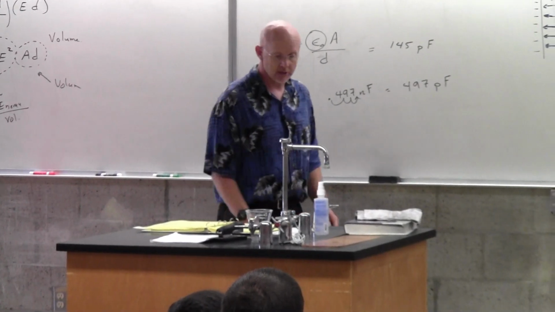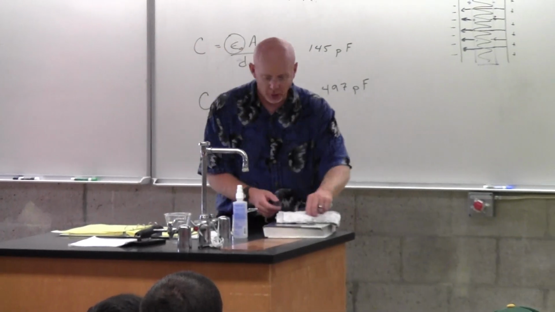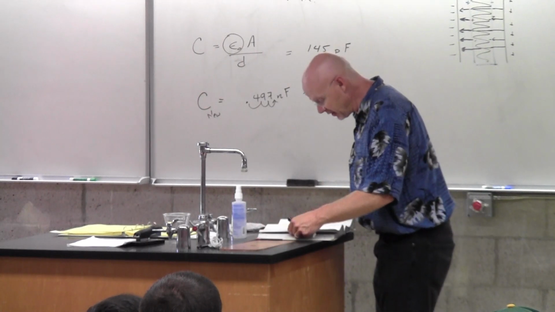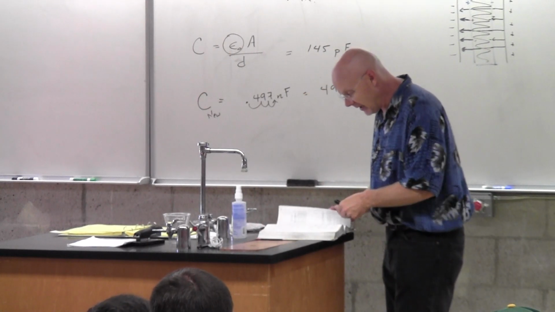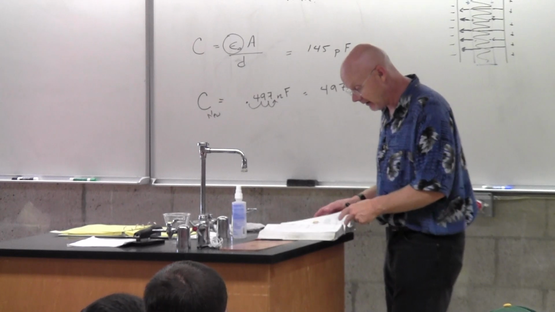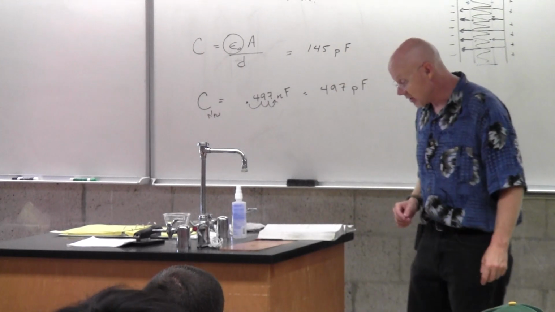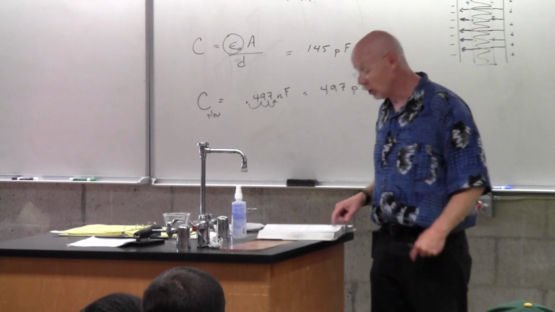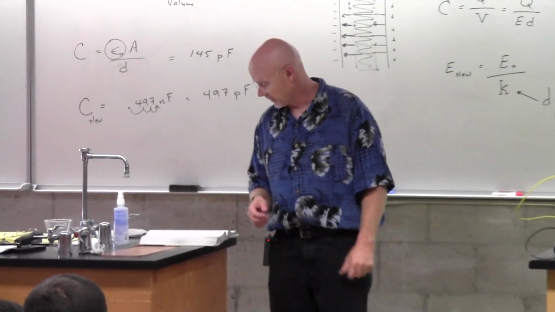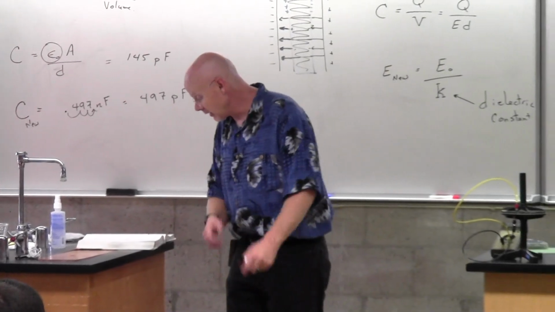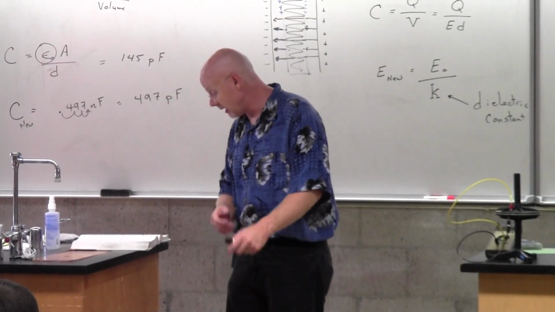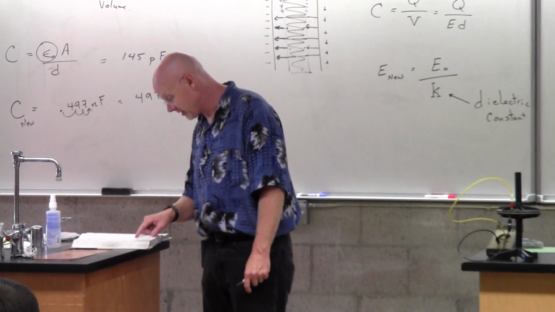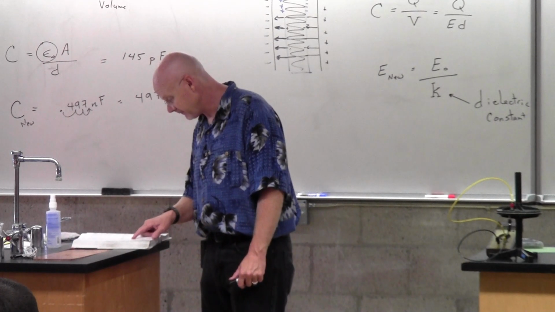If you open up your book, you will see that your book lists a whole bunch of materials and says, what is the dielectric constant of all these? And so it starts off and says, hey, let's take a look at dry air. Let's take a look at quartz. Let's look at mylar.